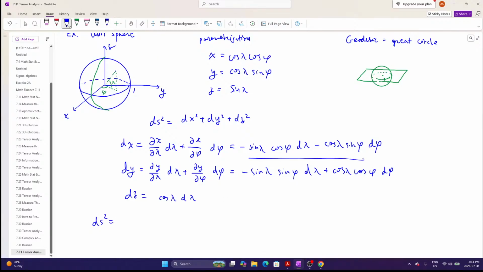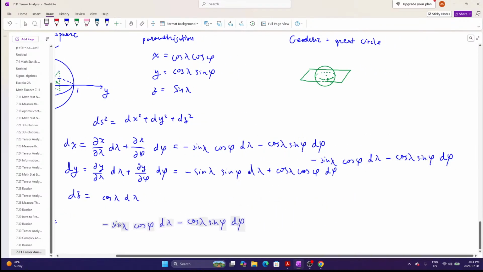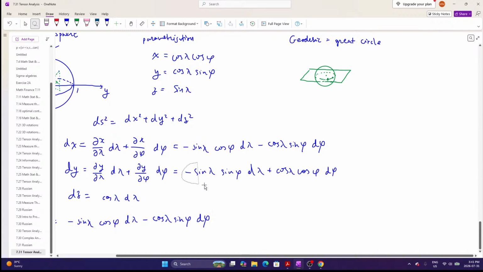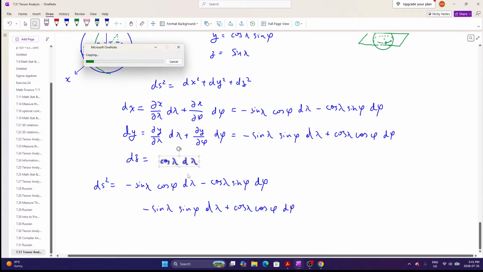This thing is squared, plus this thing squared, and finally plus cosine lambda d lambda squared. So simplifying this should give us the metric tensor on the sphere.